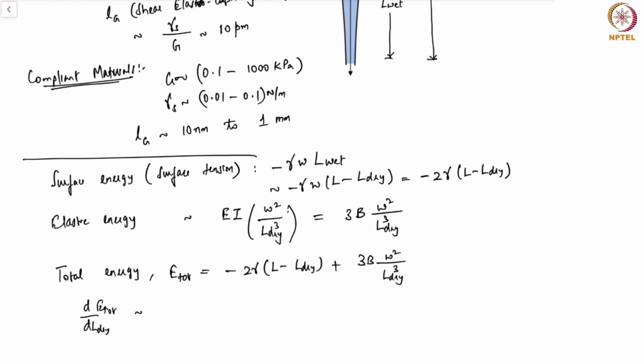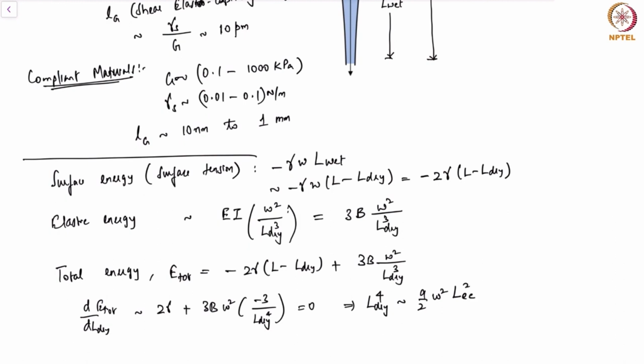And if we do this, we get 2 gamma plus 3B W square into minus 3 by L dry power 4. This quantity will be 0, and what we get is L dry power 4 will be something like 9 by 2 W square times a parameter which is basically, we'll call it L_EC power 2.